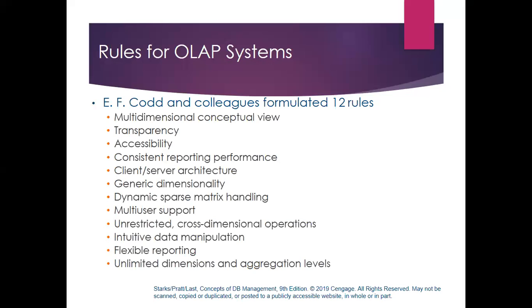The rules for online analytical processing include multi-dimensional conceptual view, transparency, accessibility, consistent reporting performance, client-server architecture, generic dimensionality, dynamic sparse matrix handling, multi-user support, unrestricted cross-dimensional operations, intuitive data manipulation, flexible reporting, and unlimited dimensions and aggregation levels.